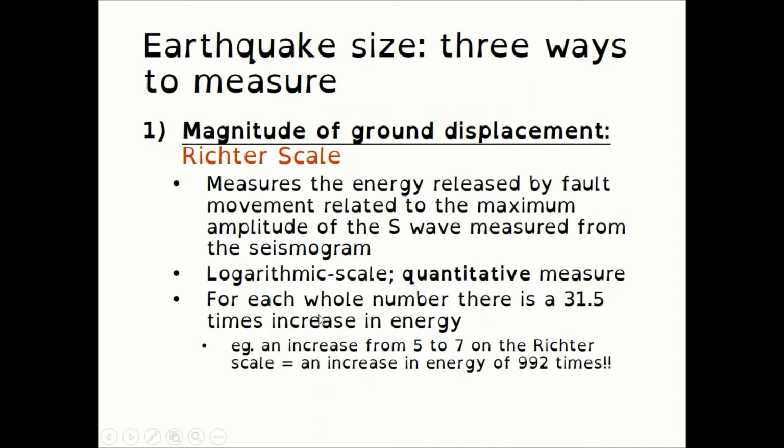Each movement up the scale, so 1 on the Richter scale to 2, actually equates to a 31.5 times increase in the energy. So for example, from 5 to 7 on the Richter scale, that's an increase in energy of 992 times as much being released. So that's the Richter scale.